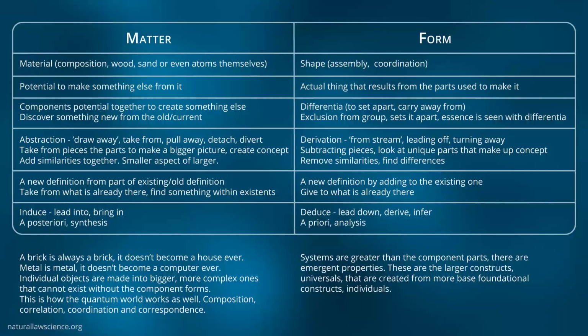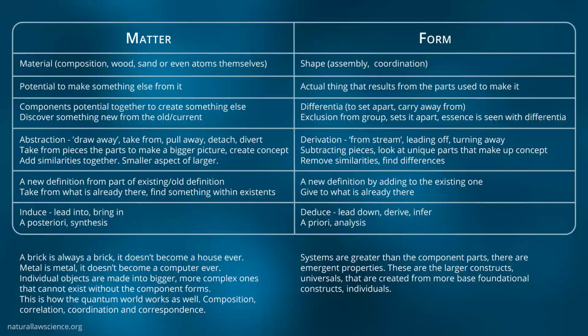So without the form, the brick is a brick, and the metal is metal, or the clay is clay, and then you make it into a form, the lower level form of a brick, and then you create from those bricks higher abstracted forms such as a house. This is also how the quantum world works. We have composition, correlation, coordination, and correspondence, and things build up and create new things from the old, what exists.